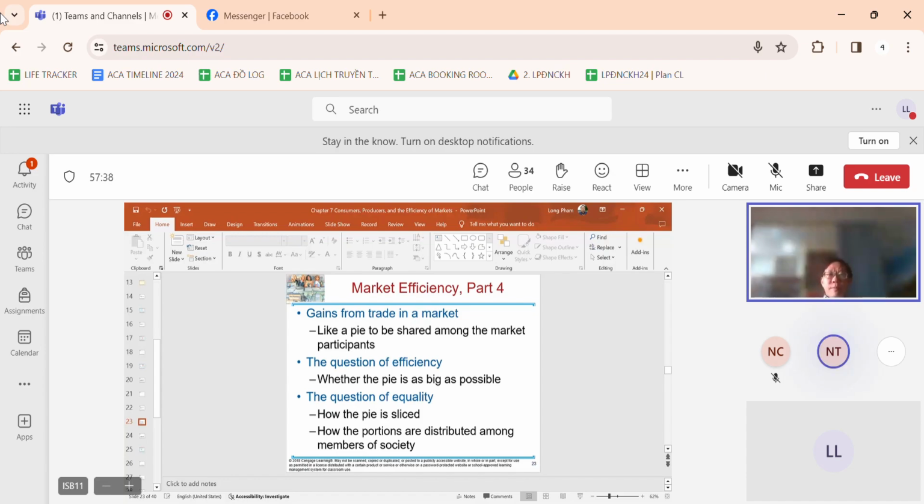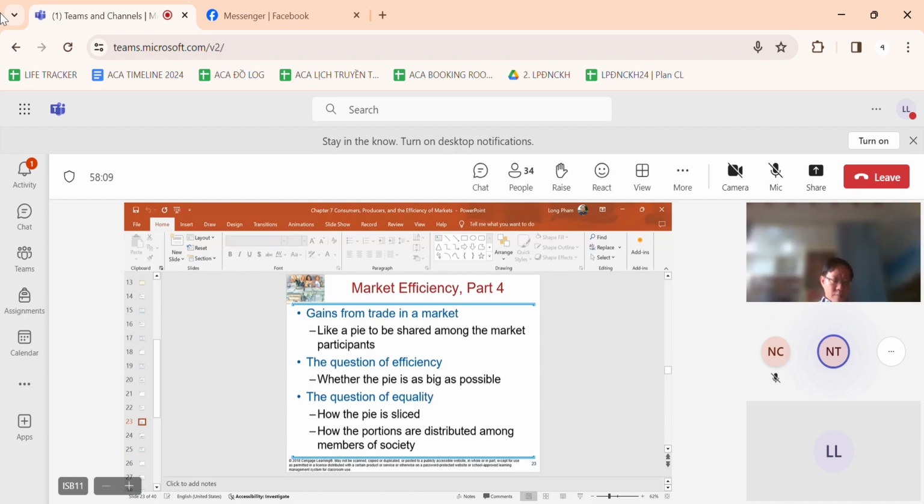So gains from trade in the market are like a pie to be shared among the market participants. The question of efficiency is whether the pie is as big as possible, and the question of equality is how the pie is sliced and how the portions are distributed among members of society.